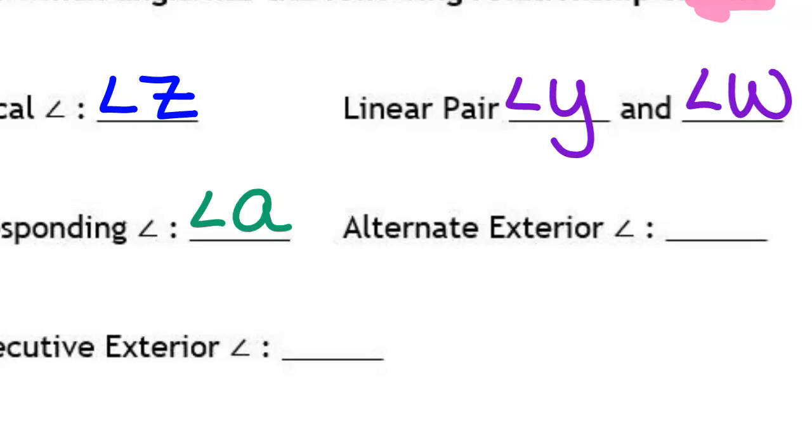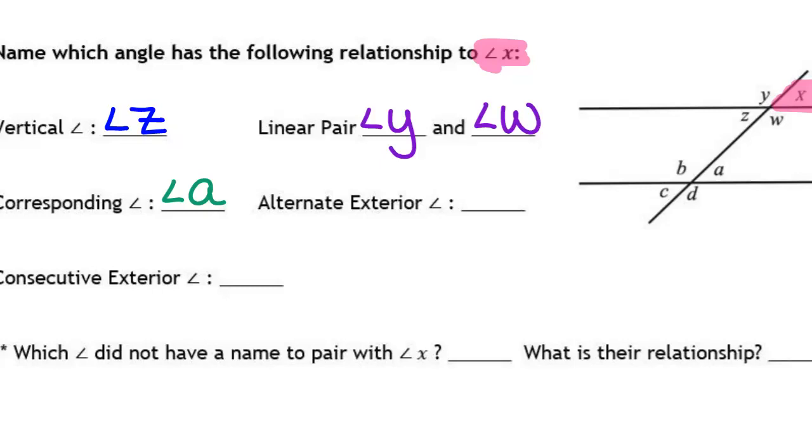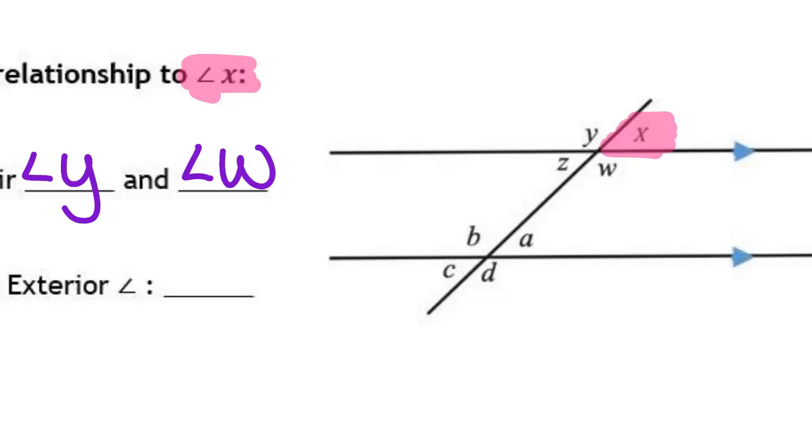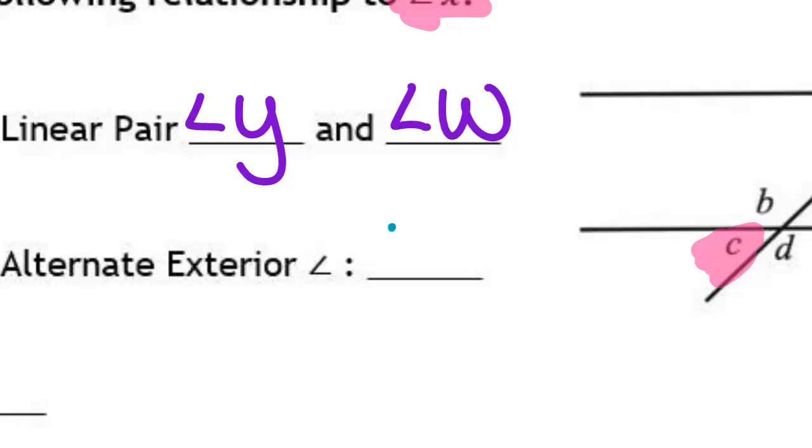What would be the alternate exterior angle to angle X? Angle which one? Not B. They are on alternate sides, but angle B is not an exterior angle. He's on the inside. He's in between these two lines. C. Angle C would be the alternate exterior angle here.